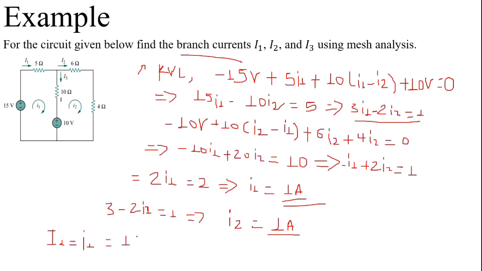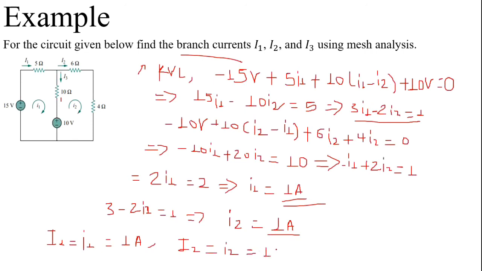And the second current, which is flowing through this 6 ohm resistance, that means I2, can be calculated by equalizing it with the second mesh current, which is what? I2. So which is what? 1 ampere.